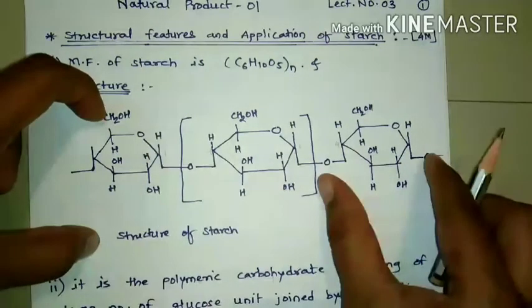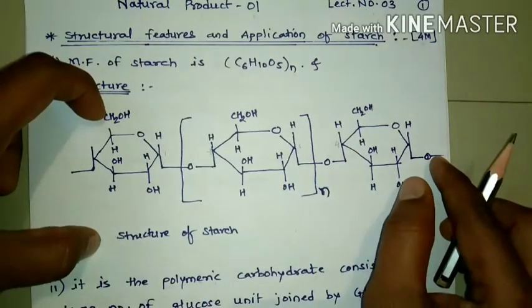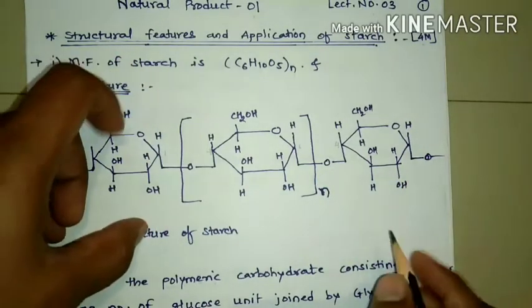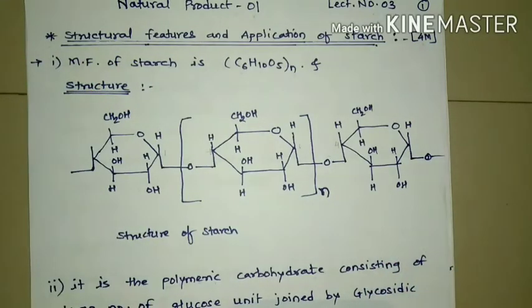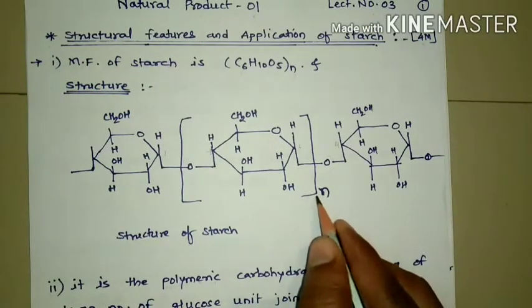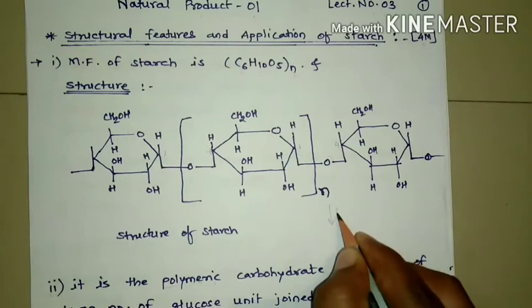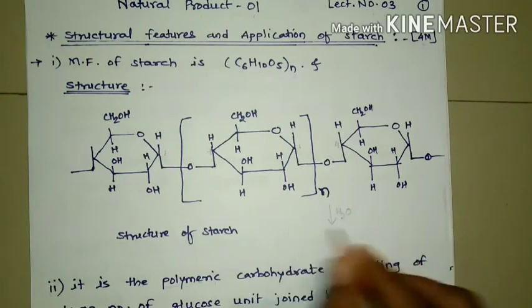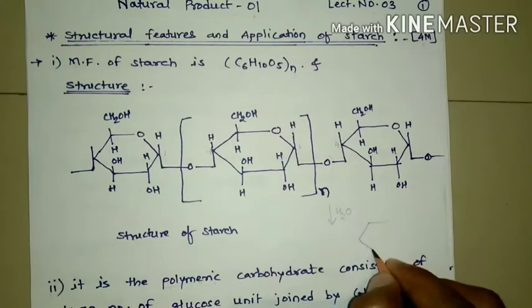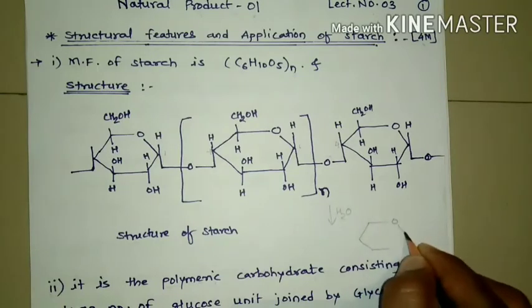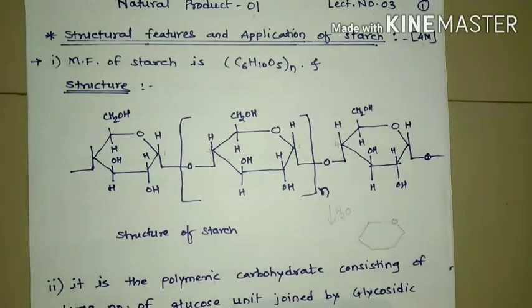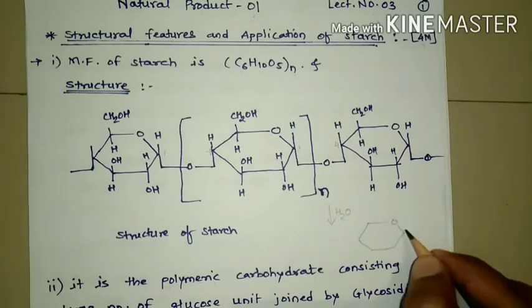This is the Haworth form of starch. And separately, D-glucopyranose can form after addition of water. After addition of water you will get separately alpha D-glucopyranose form.